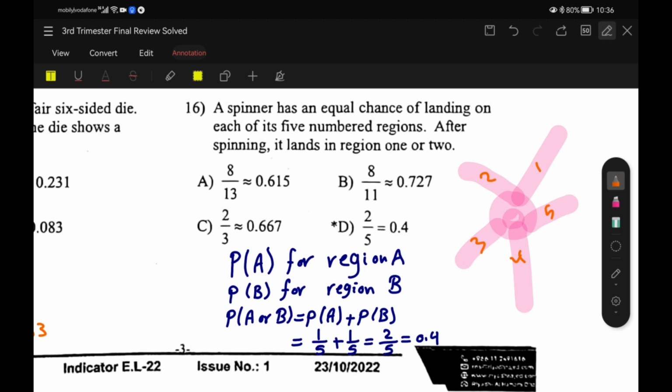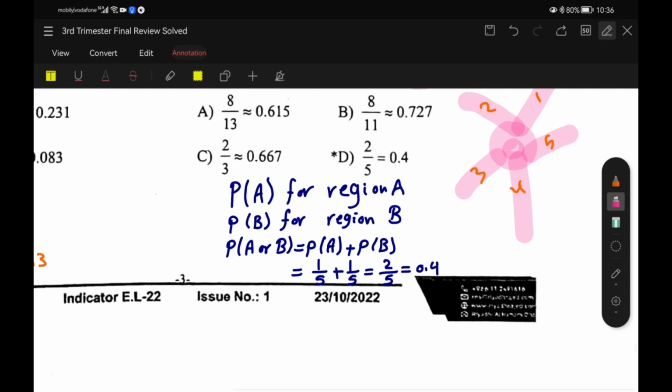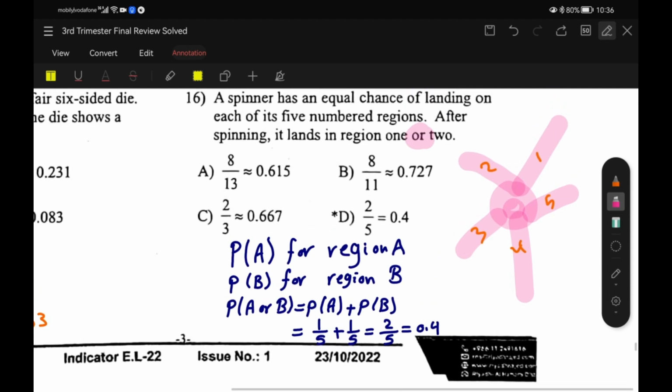Okay, how to solve something like that? Let's say P of A for region A and P of B for region B. P of A or B equals P of A plus P of B. Why? Because he said here "or". Write that down on your calculator, it's very easy.